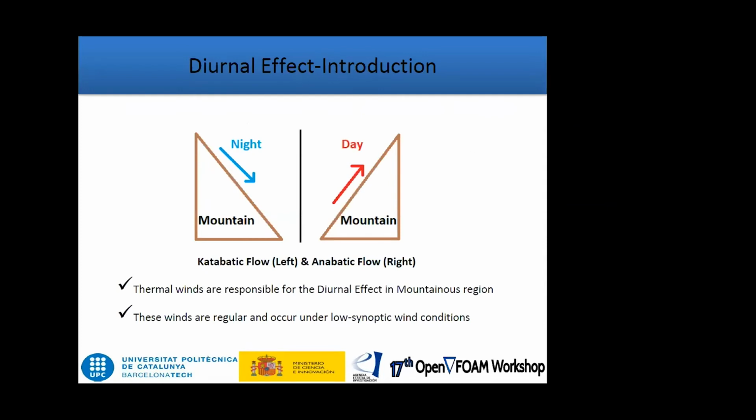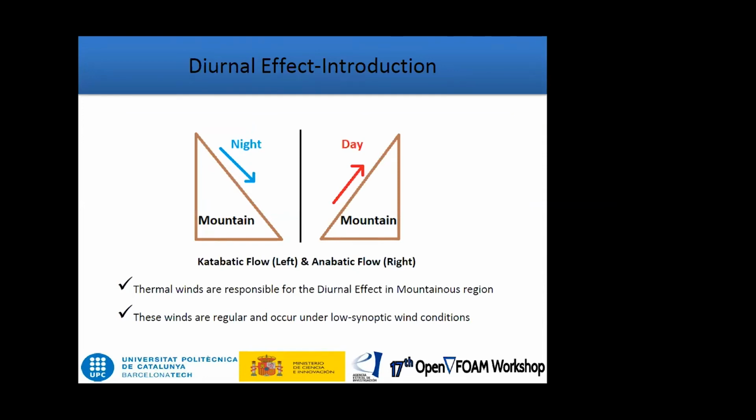So let me introduce the diurnal effect. Basically, it occurs because of the temperature gradient between the surface and the air. During the day, we have upflow, if we take a mountain region, and during the night, it has the downslope flow, which we call katabatic flow, while the upflow is anabatic.